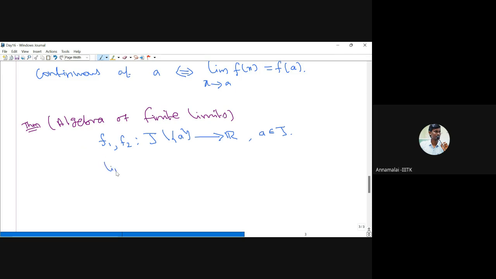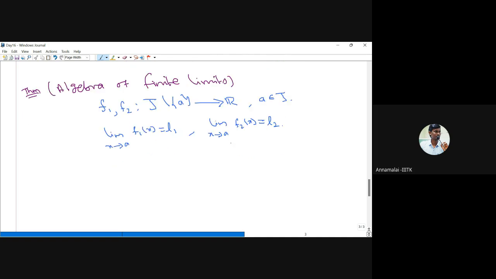That is, the limit as x tends to a of f1 of x exists, and we call that value L1, and the limit as x tends to a of f2 of x also exists, we call it L2.